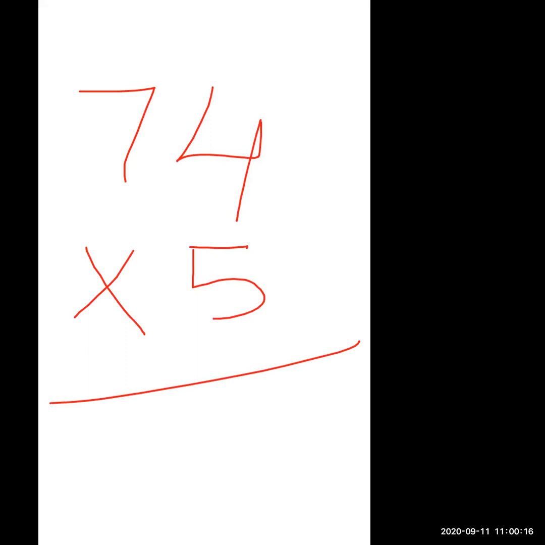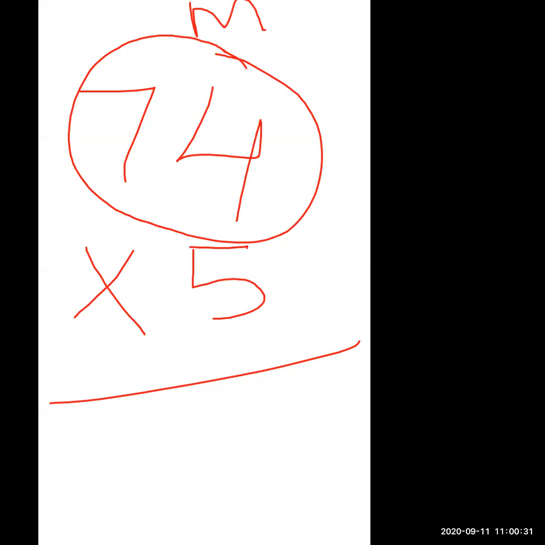In the last sum, I was explaining to you, the first number is a multiplicand. And the next one, into 5, is a multiplier. And the first one is a multiplicand.